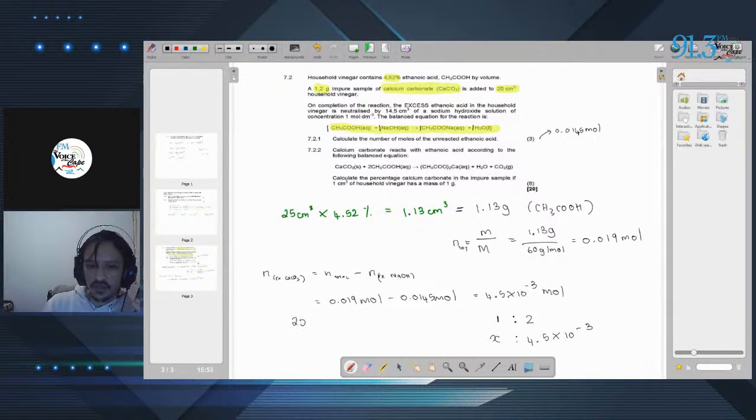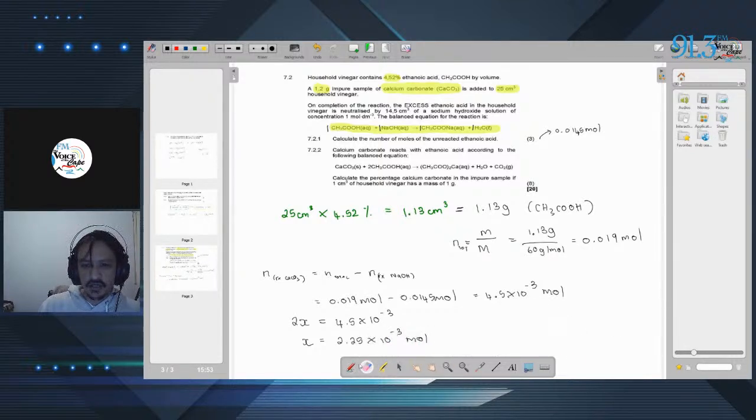So we're going to get 2x is equal to 4.5 times 10 to the minus 3. So x is equal to, we can divide that by 2, and that gives us a value of 2.25 times 10 to the minus 3 mole. So this here is the amount of calcium carbonate that reacted.